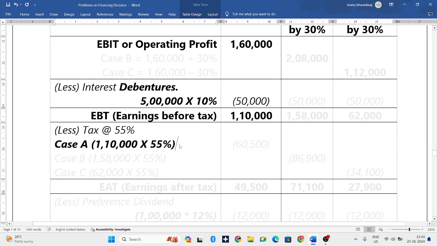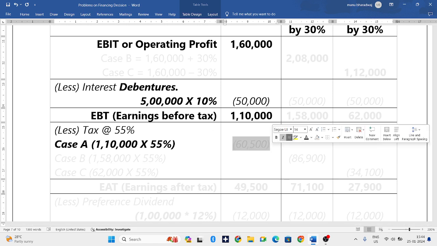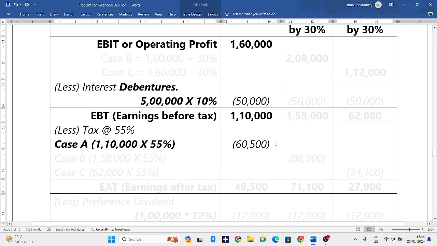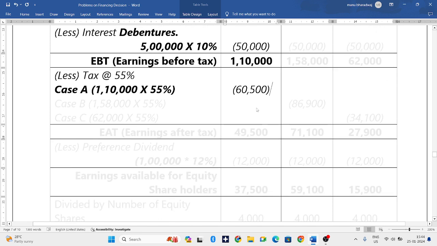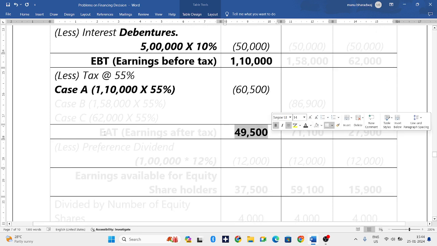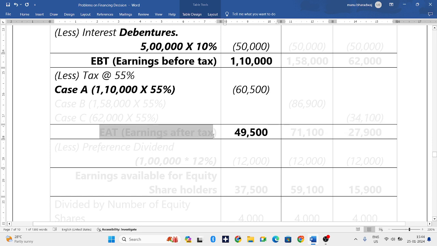So in case A, on 1,10,000, we have to charge 55% of tax, which is nothing but 60,500. So 1,10,000 minus 60,500 will be 49,500, and this is our EAT, that is earning after tax.